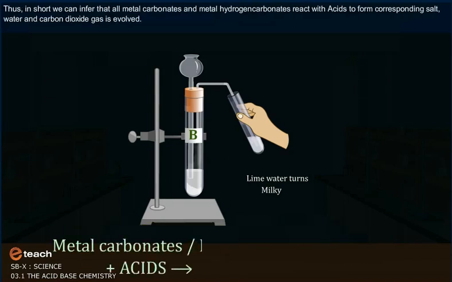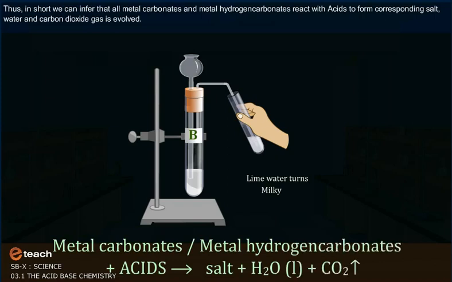Thus, in short, we can infer that all metal carbonates and metal hydrogen carbonates react with acids to form their corresponding salts, water, and carbon dioxide gas is evolved.